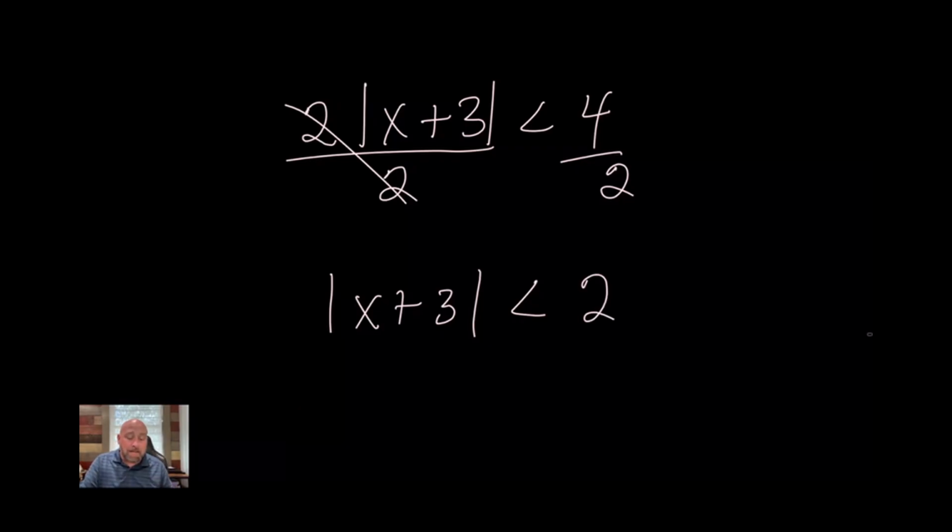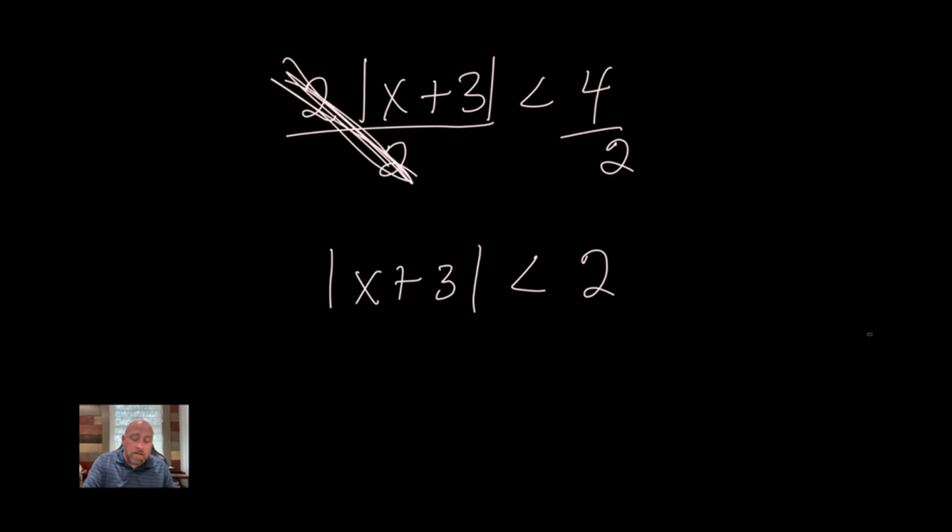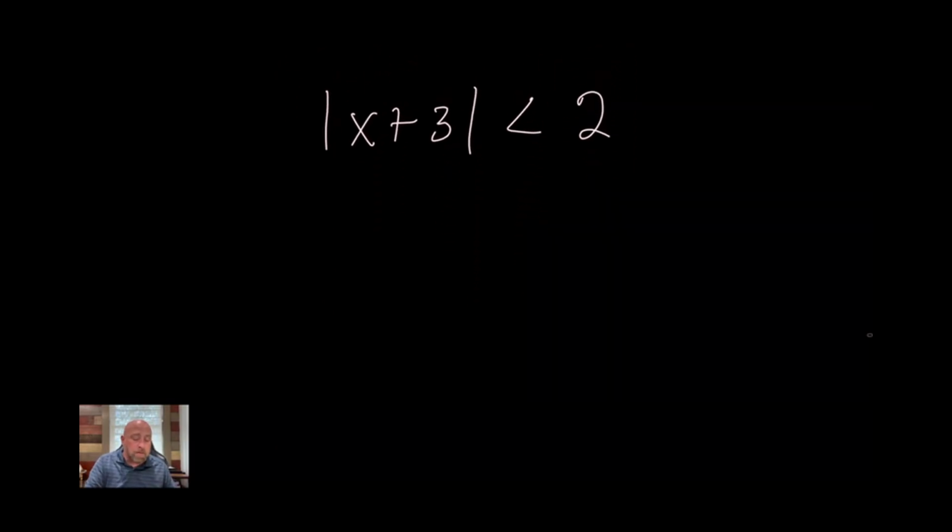Now that I have this, now that I got rid of my 2, how do I get rid of the 2? By dividing both sides by 2. Now I can get started with this. How do I get started with this one? Well, I make two different inequalities. So we're going to make one positive, x plus 3 is greater than 2.